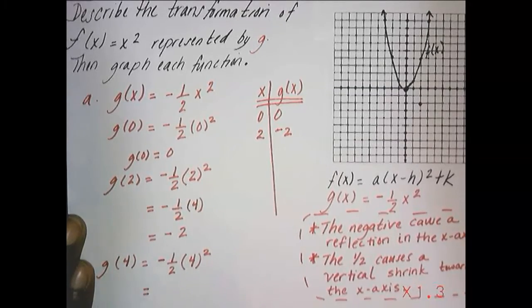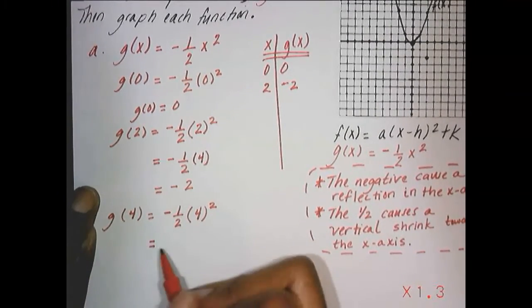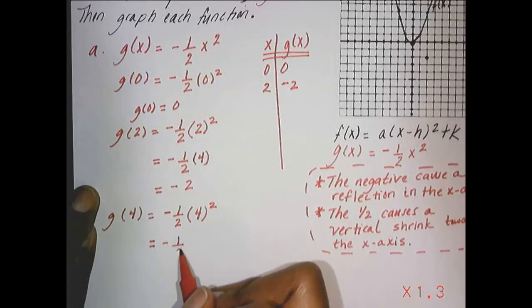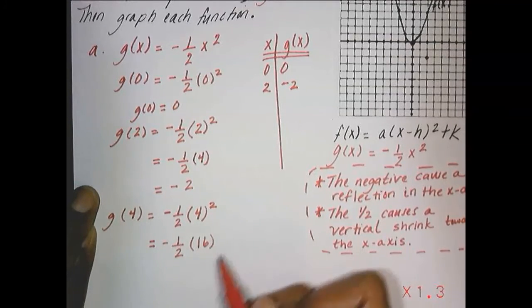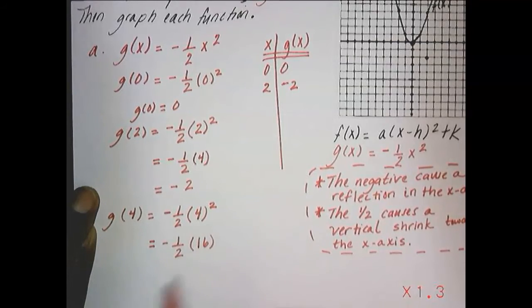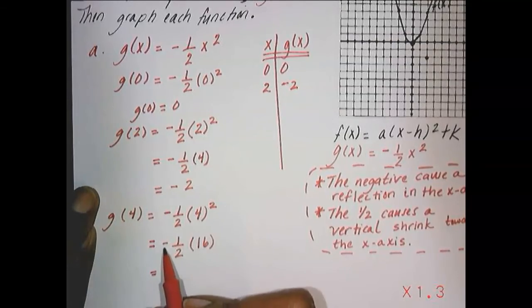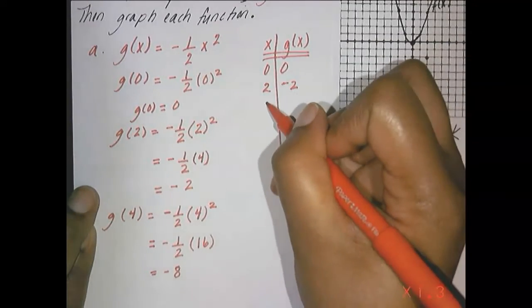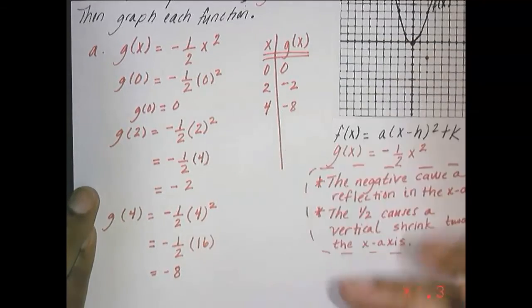I'm going to move this up so you can see a little bit better. 4 squared is 16, because that is not 4 times 2. That's 4 squared. 4 times 4 is 16. So 1/2 of 16 is 8, but we have a negative in the front, so that's going to be negative 8. So if x is 4, then y is going to be negative 8.